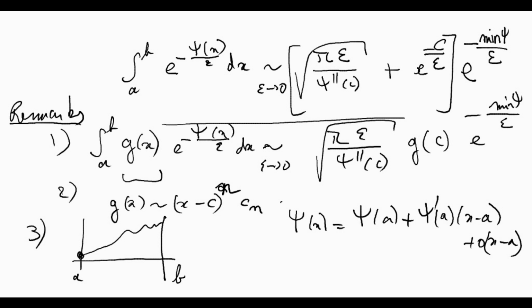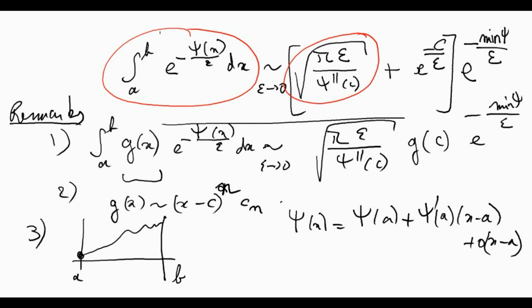Then I invite the interested person to recalculate the entire integral and stop at the first moment. This will lead to a different calculation with a different power. Instead of having square root epsilon, it leads to just epsilon, and instead of the second derivative, we have the first derivative. So I leave this as an exercise.